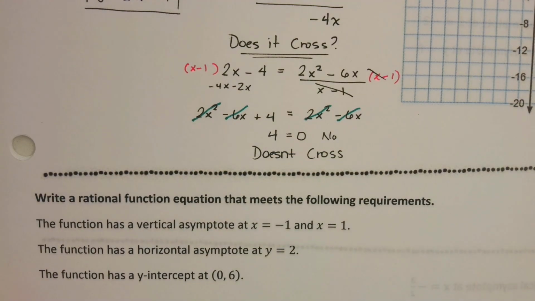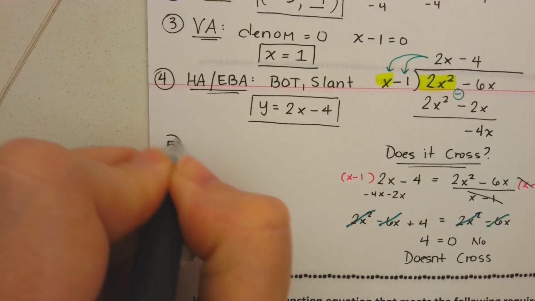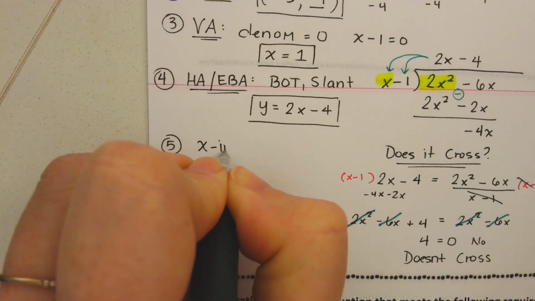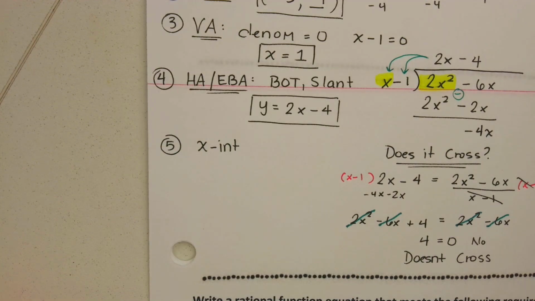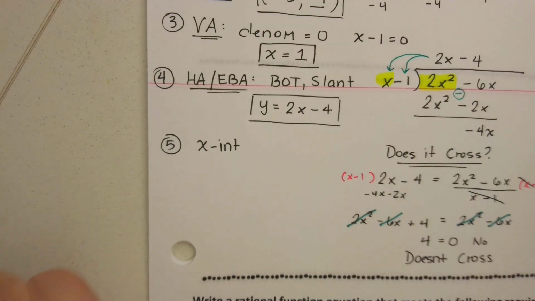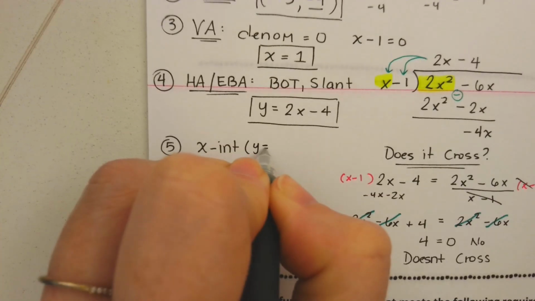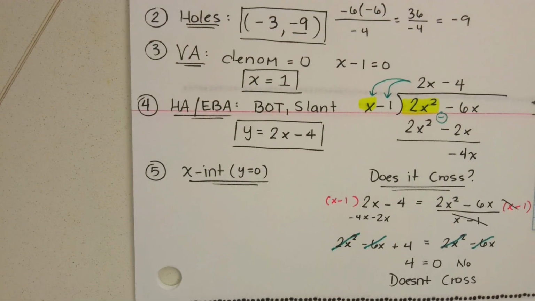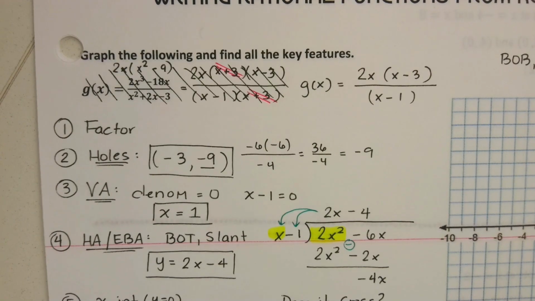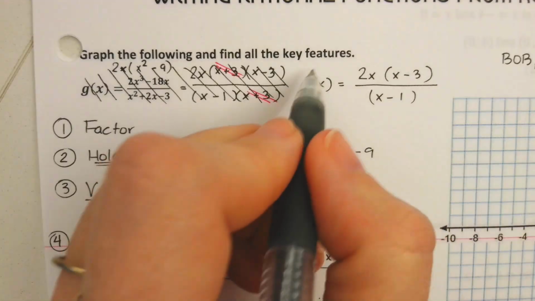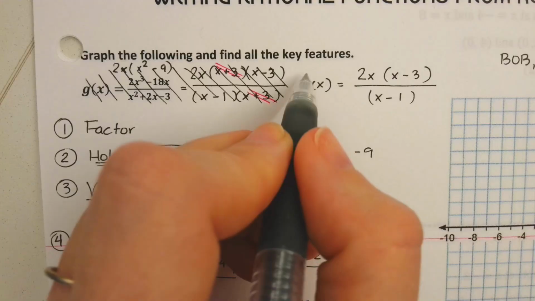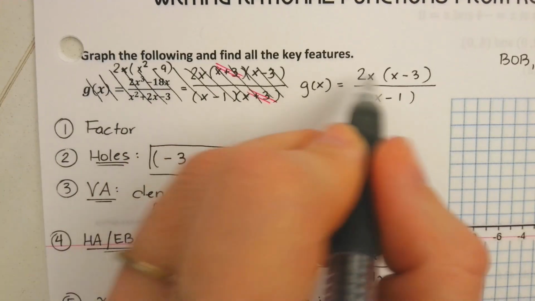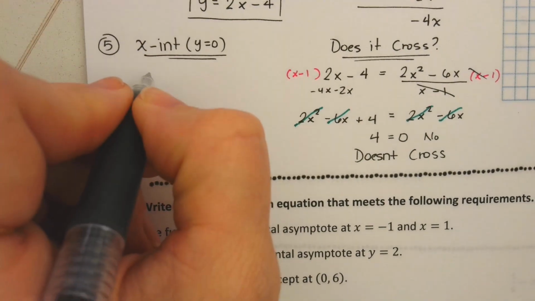Okay, what else do we still need to find? X and y-intercept. Right, that was the last thing. X-intercept, that's when which variable is 0? Y, or technically our g of x. When y is 0. Was there a shortcut for that? Just use the top, right, because if you make the y 0 and then multiply by the denominator to cancel it, you're just going to have 0 equals the numerator.